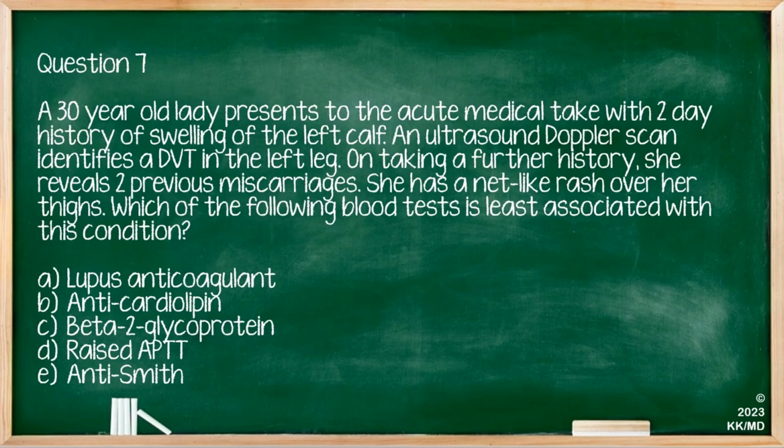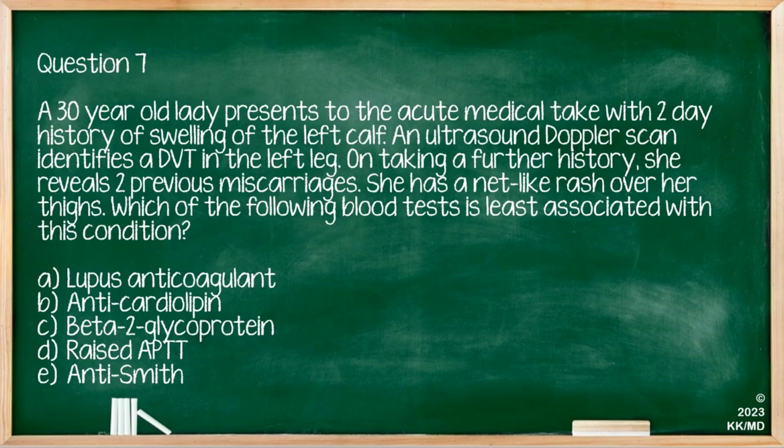So going back to the options, you've got A, lupus anticoagulant, B, anticardiolipin, C, beta-2 glycoprotein, D, raised APTT, E, anti-Smith. And if you recall correctly, antiphospholipid syndromes are associated with 3 distinct antibodies, and those 3 are your options A, B, and C, which are lupus anticoagulant, anticardiolipin, and also beta-2 glycoprotein.